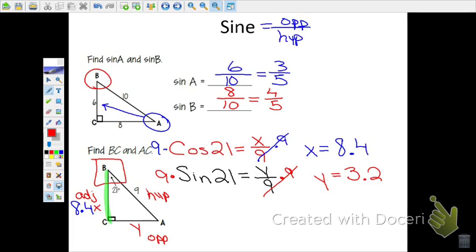Just looking logistically, we came up with 8.4 and 3.2. They're both smaller than our hypotenuse, so that's a good thing. If we got some big number for one of these sides, that would be a concern because we know the hypotenuse has to be the longest side. So you can do some number sense things that way.